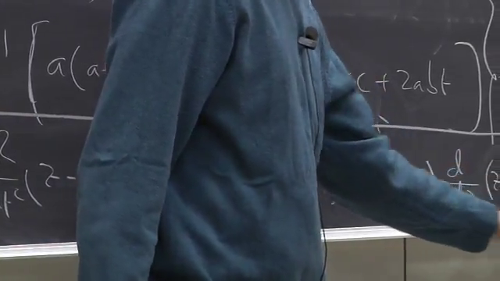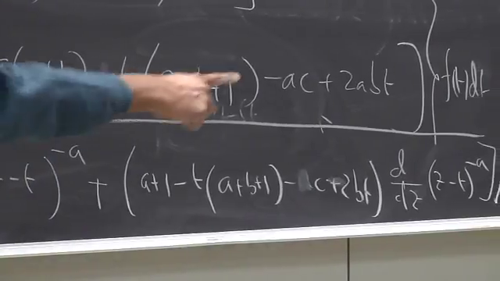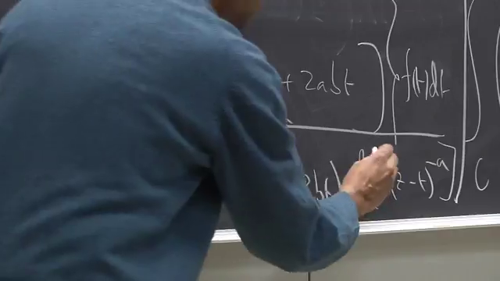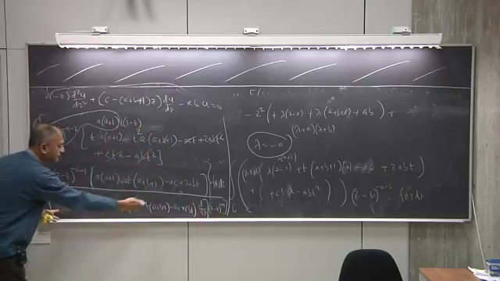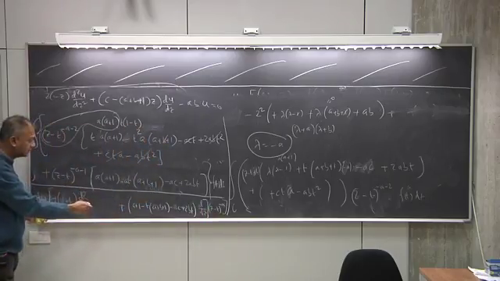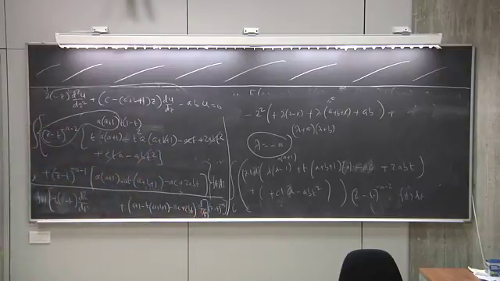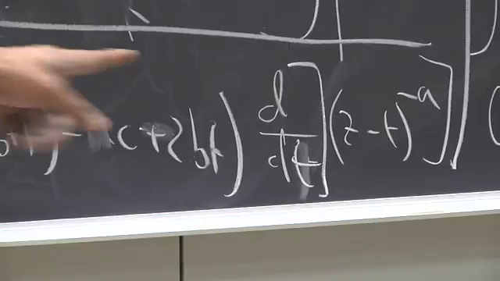Okay. So actually z minus t to the minus a is a common thing, so I can take this out. So this is a differential operator, a second order differential operator in t, acting on that.